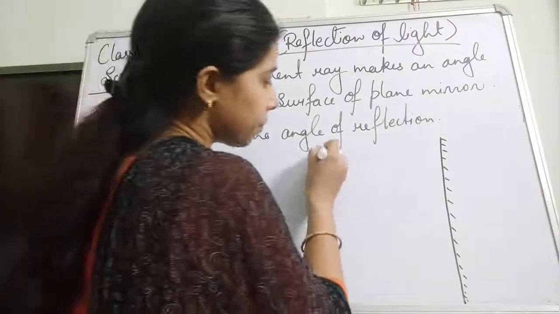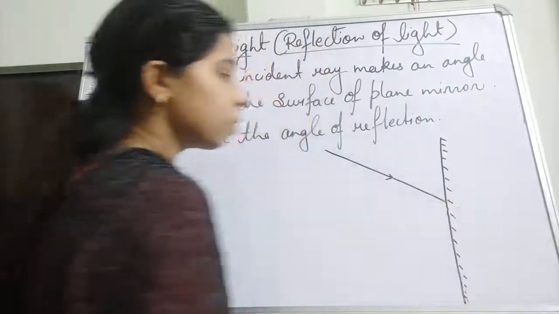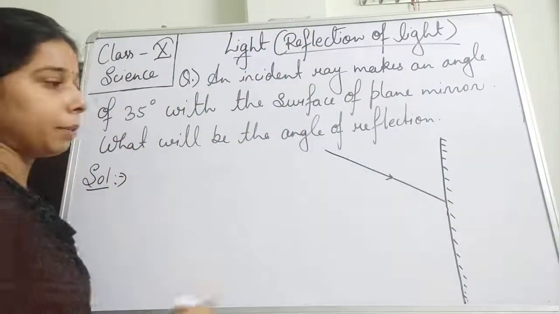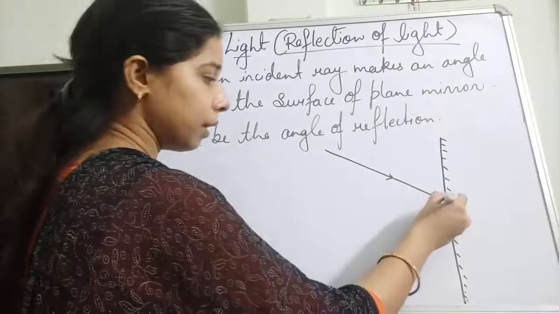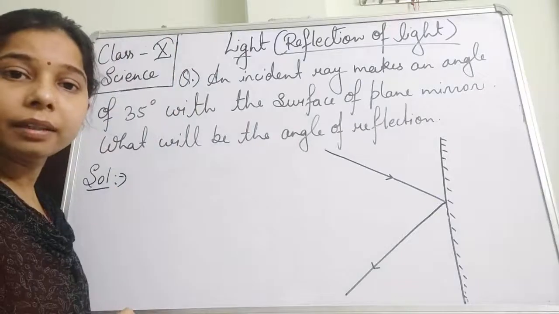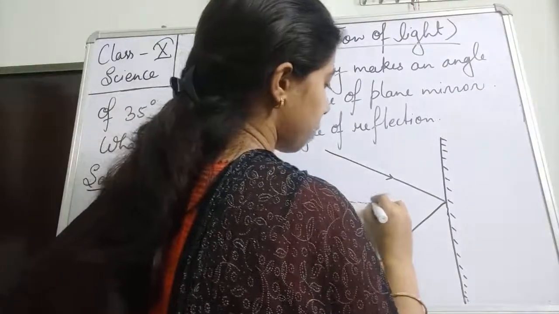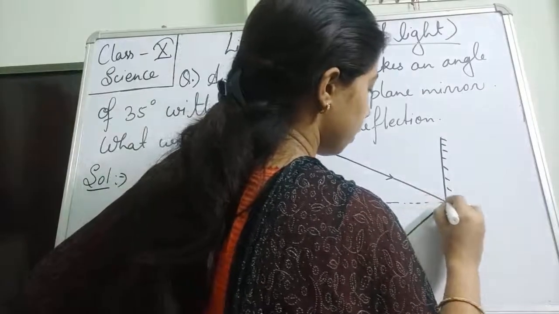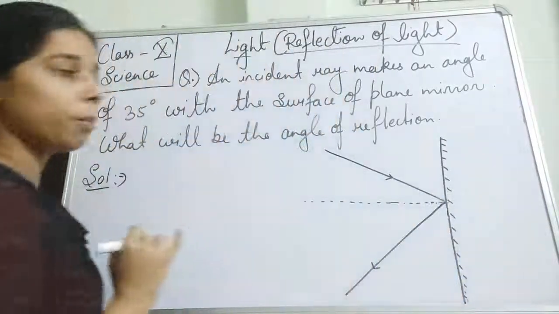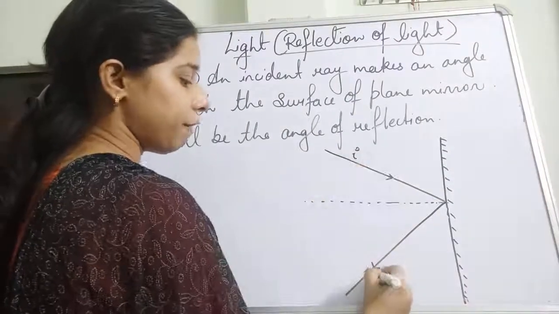Suppose this is the incident ray falling on the surface of the plane mirror. Now this will get reflected back. This is the normal that I am drawing, a normal line. So this is the incident ray, and this is the reflected ray.